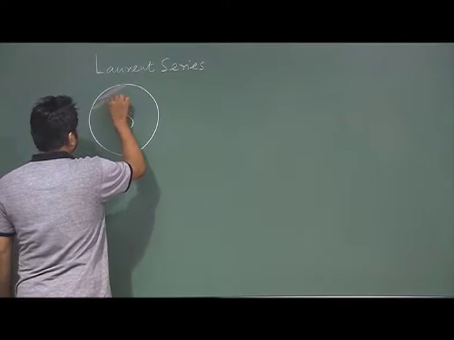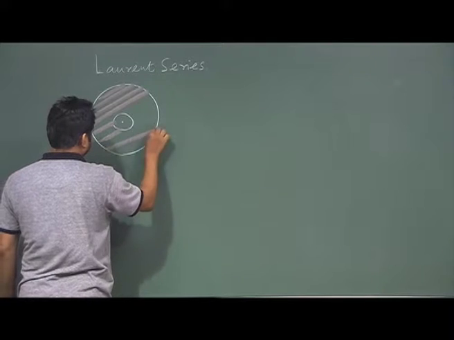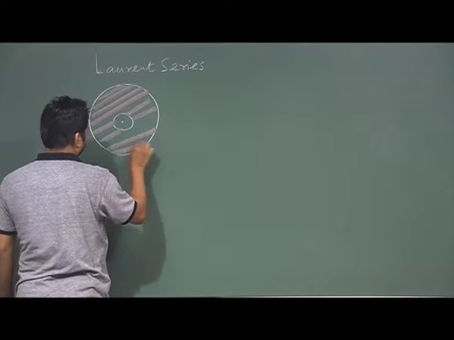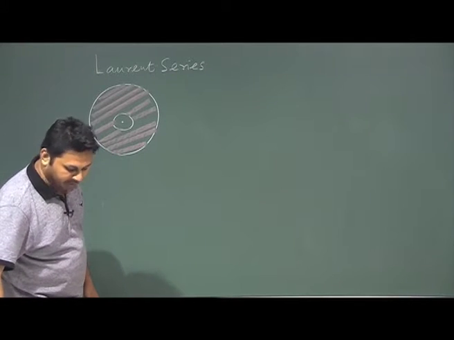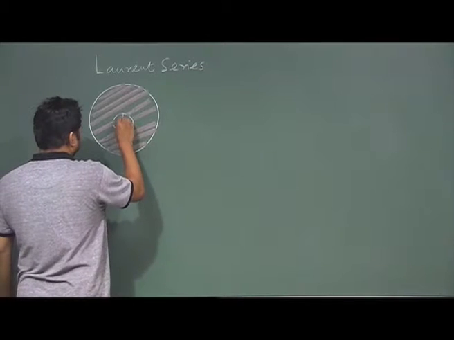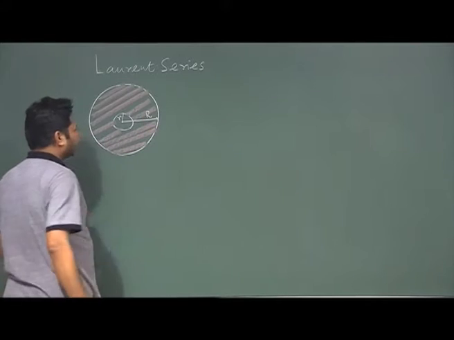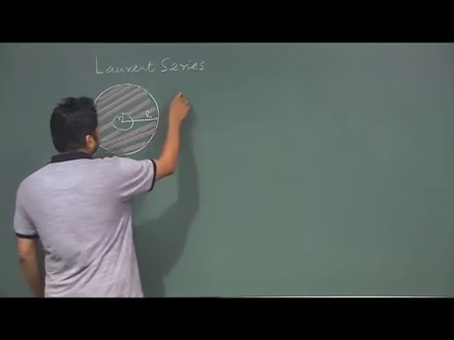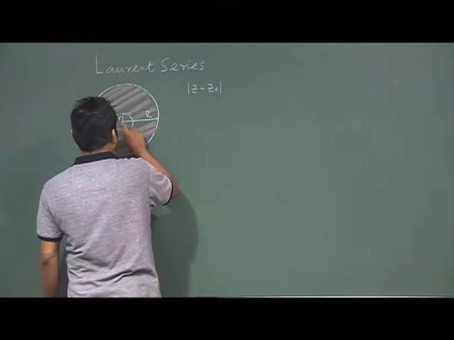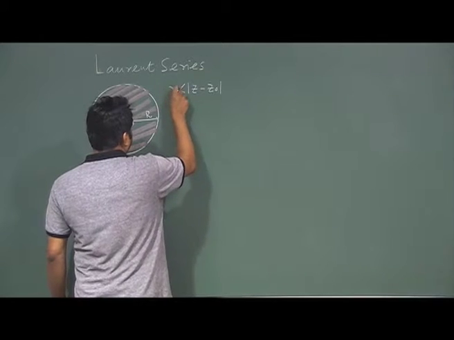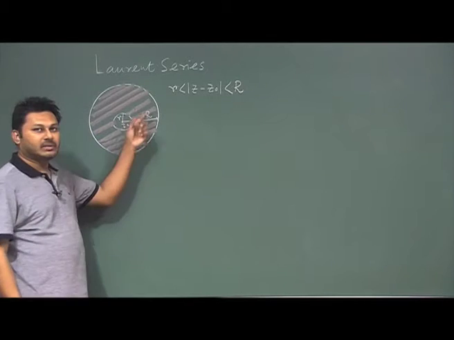This region shaded by this red part is the annular region, the shaded part only, where this is small r and this is big R. So, the region is defined as the set of points z with |z - z0| greater than small r and less than big R. This is an annular region that I have already drawn here.